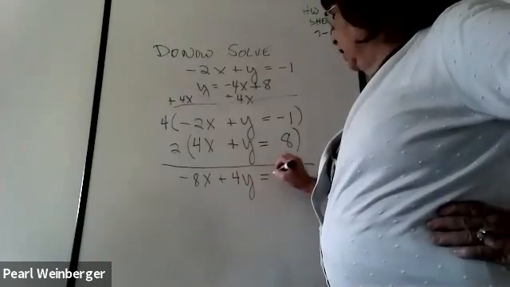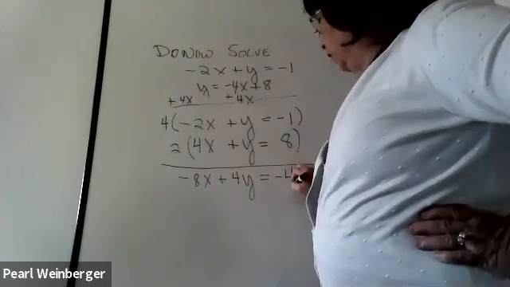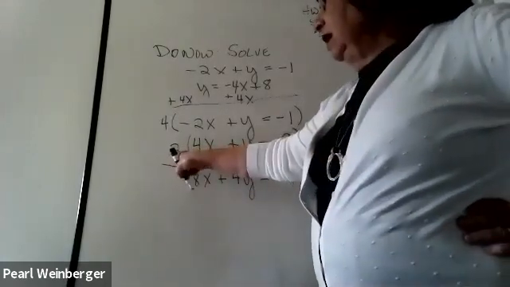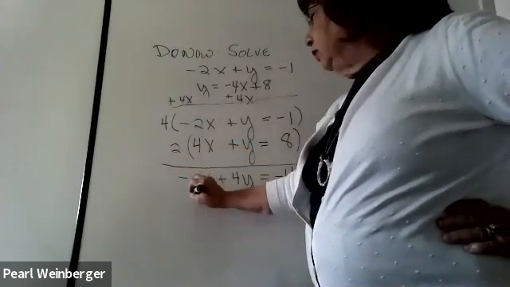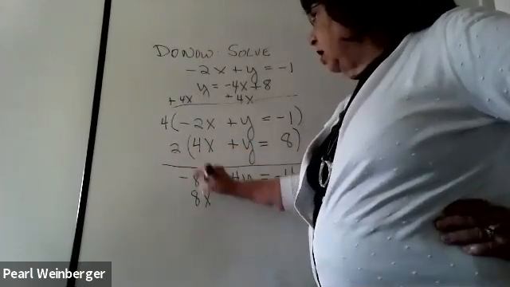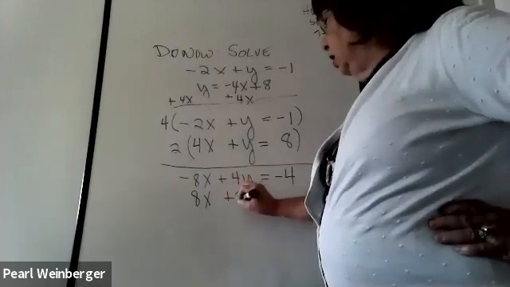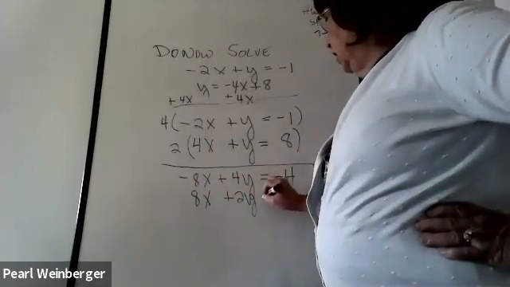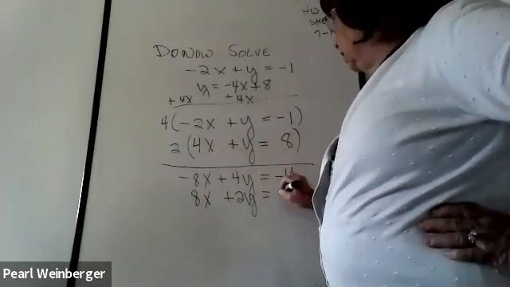And 4 times negative 1 is negative 4. My second equation will be 2 times 4x, which is 8x. 2 times y is 2y, equals 2 times 8, which is 16.